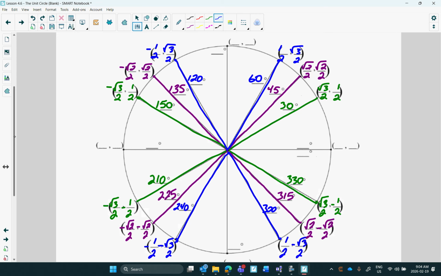Finally, the family of 90. Well, we start here where we get 0 degrees. What was the point on the unit circle at 0 degrees? 1, 0. Then we go straight up to 90. And the point on the unit circle?